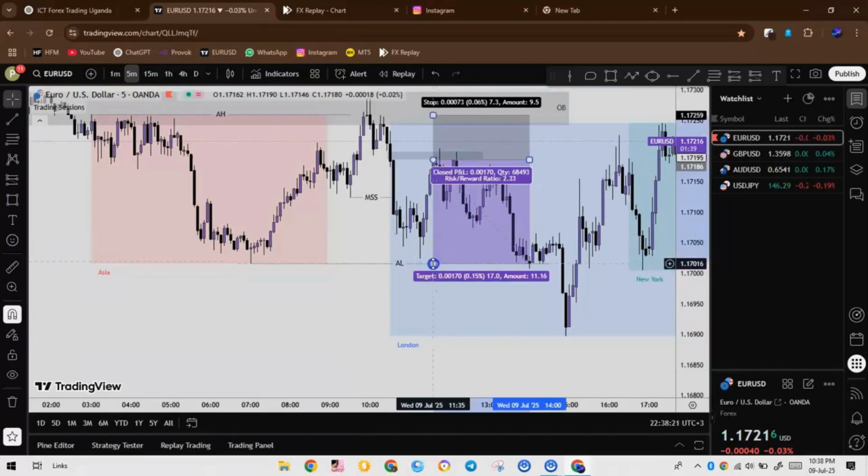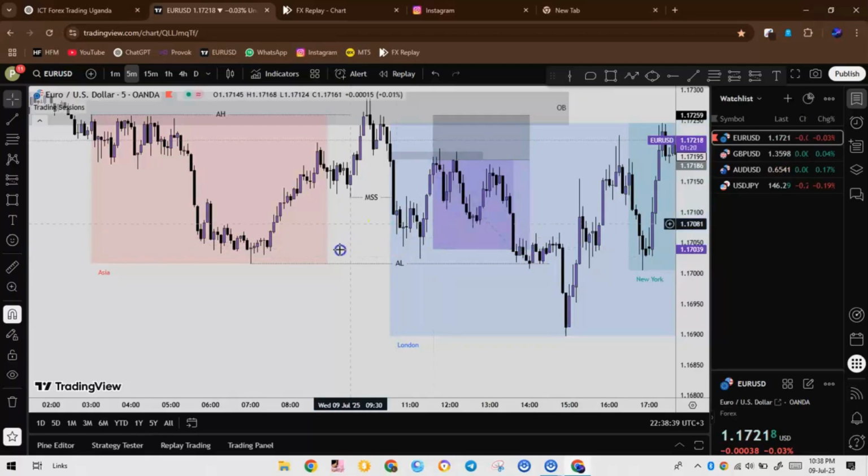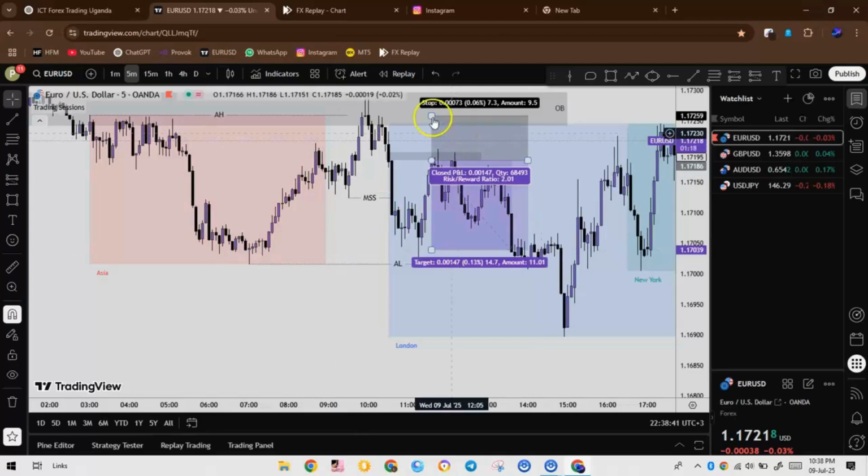Some of you who want a huge risk to reward could also take 1:3 risk to reward, looking up to 1:4, almost 4. But the more risk to reward you take, the less likely it will hit your take profit. That's why I always take 1:2 risk to reward.